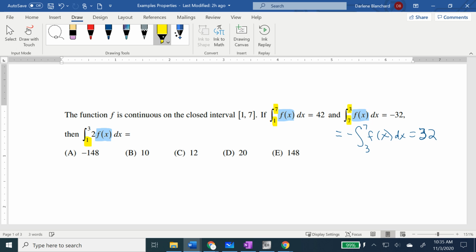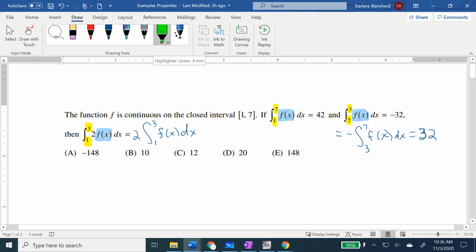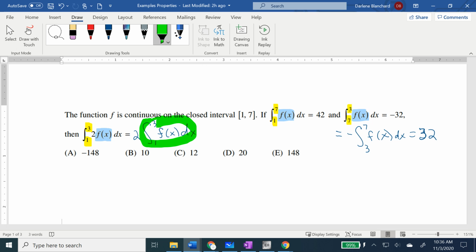And then this one is in the proper order, but I want to use the rule of the constant multiple. It will then come out of the integral and multiply by whatever I get for this. So I'm going to solve this integral through the other two.